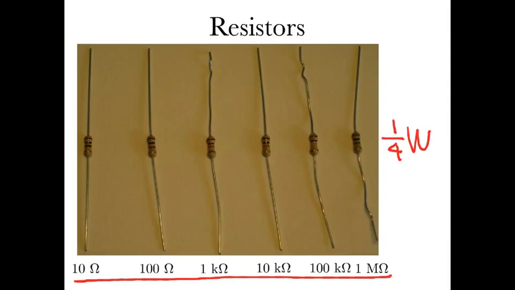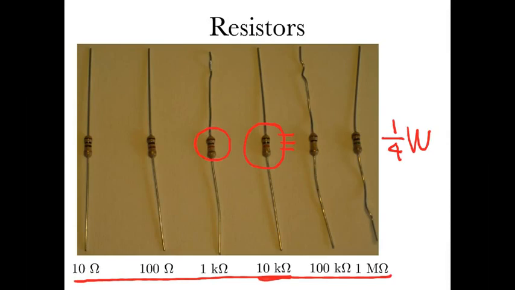Well, how did I know that these are the values of the resistors? I don't know if you can see it very well, but there are little bands of color going around each of the elements, and it turns out that brown, black, orange is a 10,000 ohm resistor. And this brown, black, red here turns out to be a 1 kilo ohm resistor.